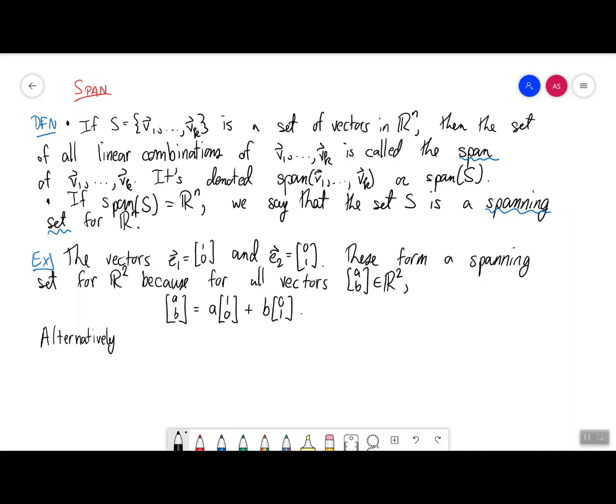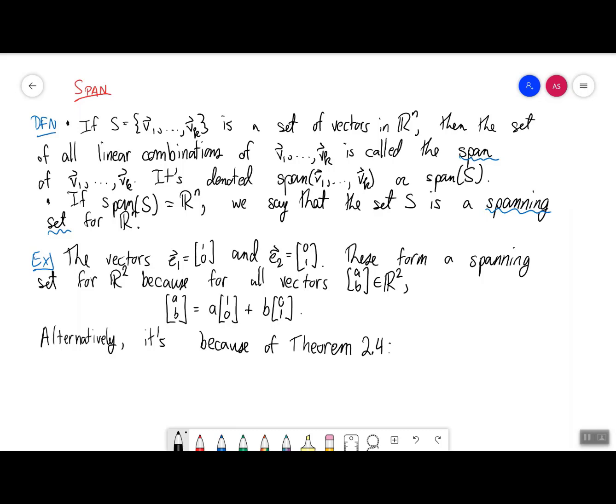Alternatively, we can see this because of theorem 2.4.